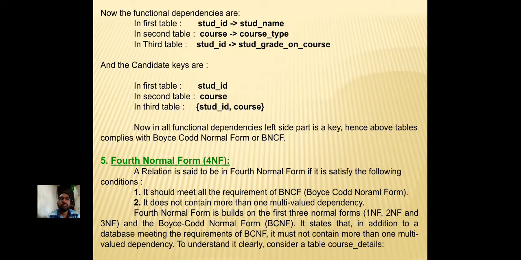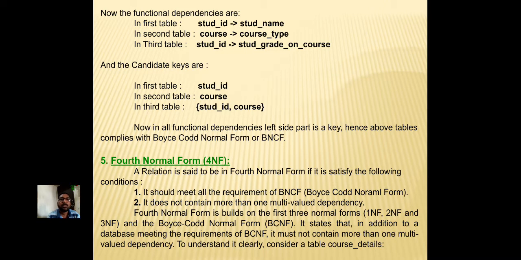Fourth normal form is built on the first three normal forms, 1NF, 2NF and 3NF, and the Boyce-Codd normal form BCNF. It states that in addition to a database meeting the requirements of BCNF, it must not contain more than one multi-valued dependency.